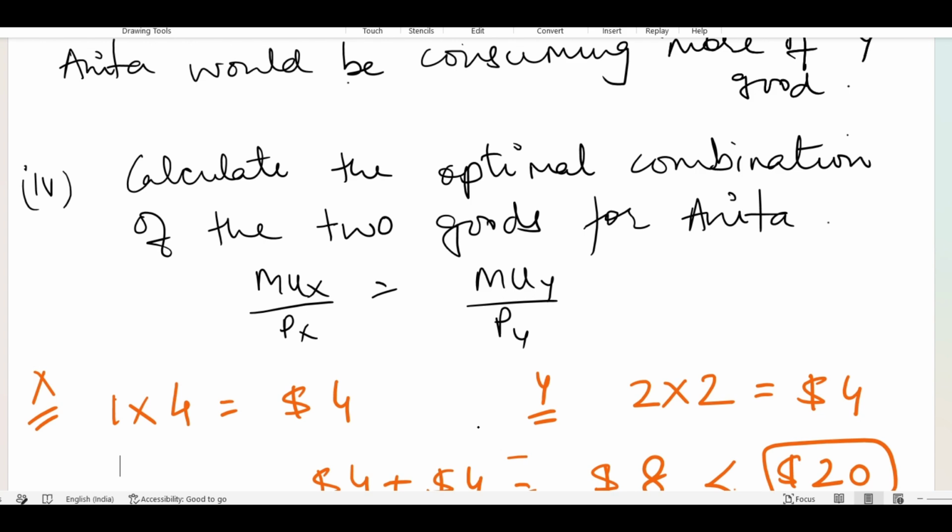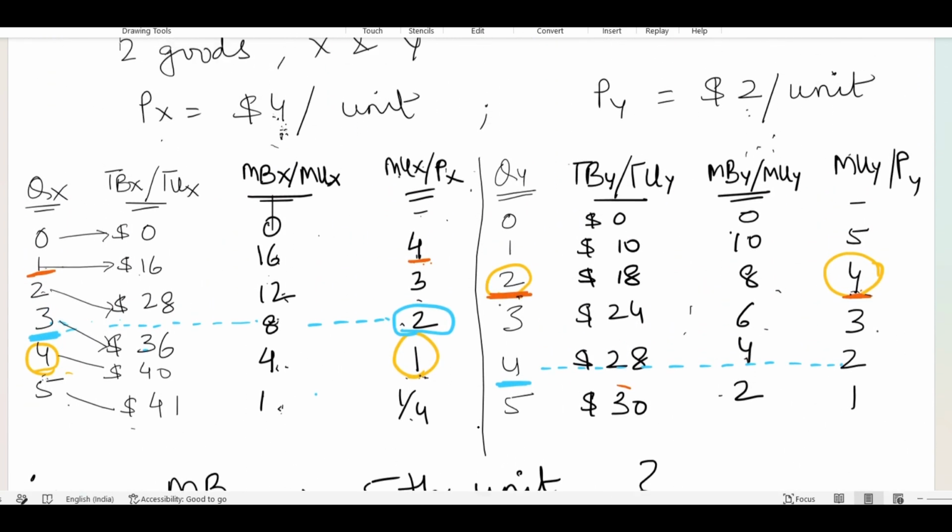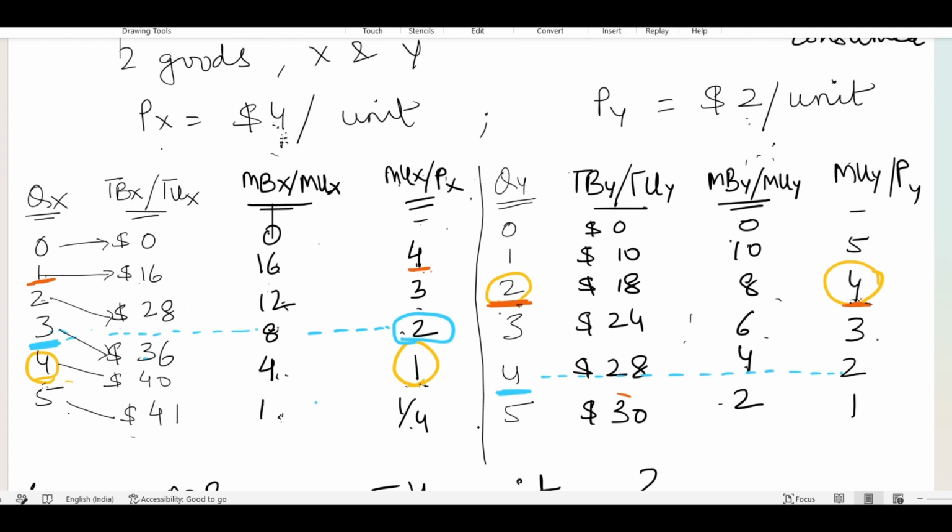Okay, let's go back to the table. Now in this, there's a catch. You also have to remember that the optimal combination is the one where this ratio holds true, and respectively we look at the quantities she is consuming.